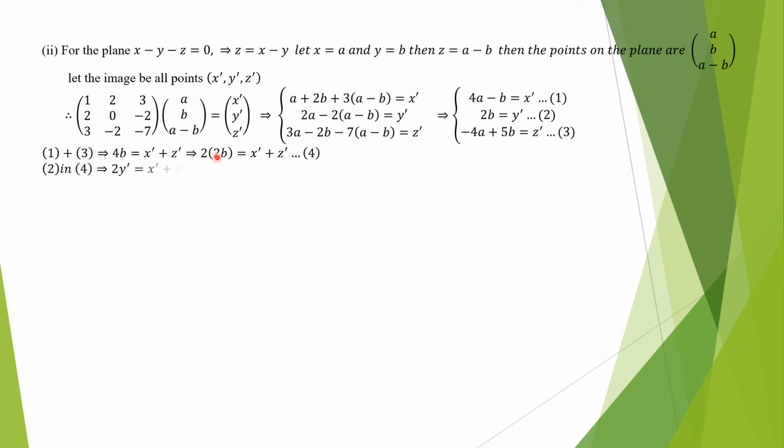So 2y prime should be equal to x prime plus z prime, meaning x prime minus 2y prime plus z prime equals 0, and this is our image of the plane x minus y minus z equals 0 under the transformation T. Okay guys, let's look at the next question.